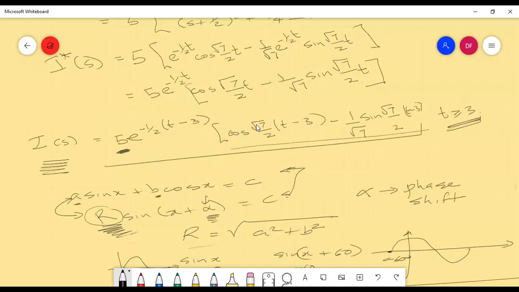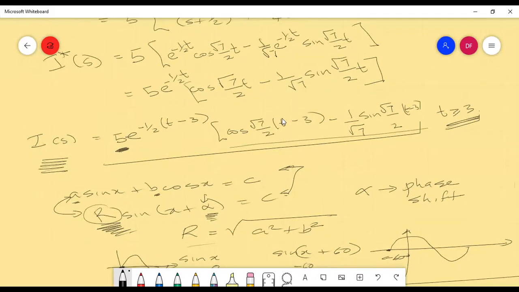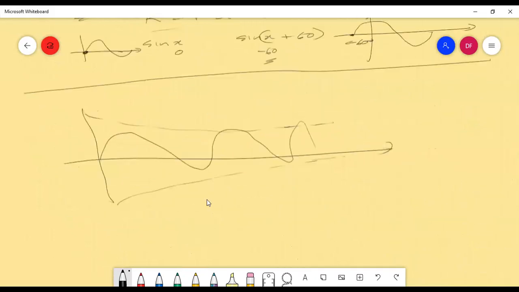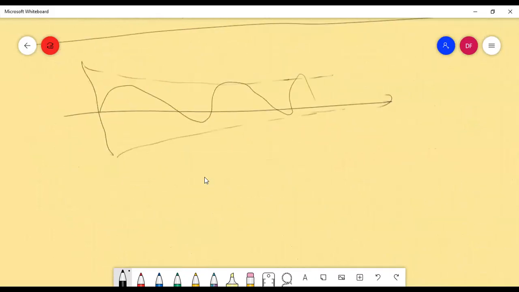But now we want to know 2 other things. We want to know the amplitude, the maximum current, and we want to know if there's a phase shift. So I'm going to do it like this now to make my life easier. I'm going to say consider sine x plus or minus.